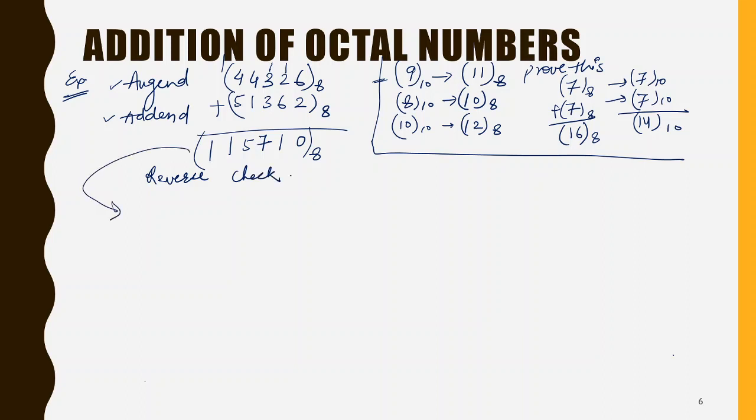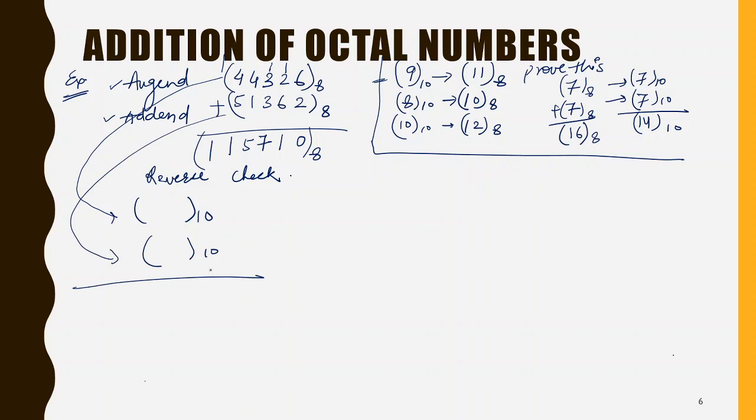You will first convert this number to decimal, then you will convert the other number to decimal. Now you will add both of them in decimal, then convert the result to octal, and it has to be this number. So this is the method to reverse check.